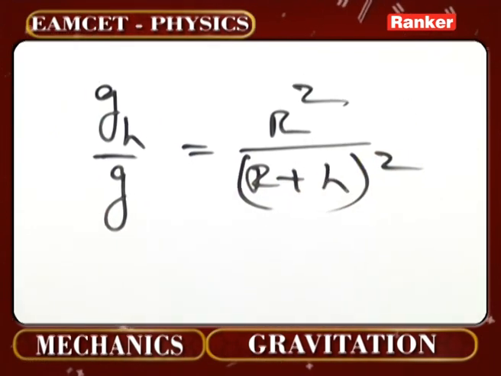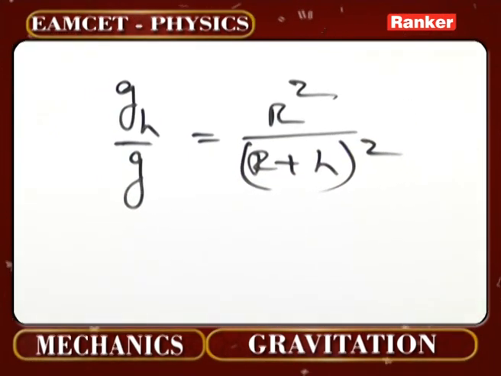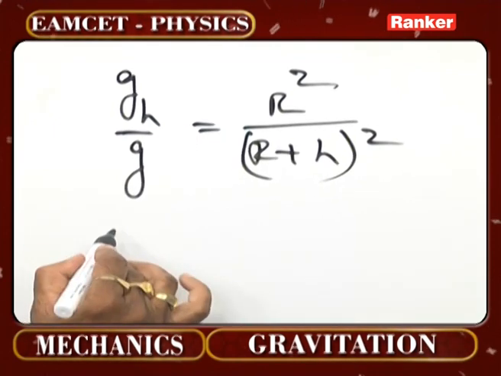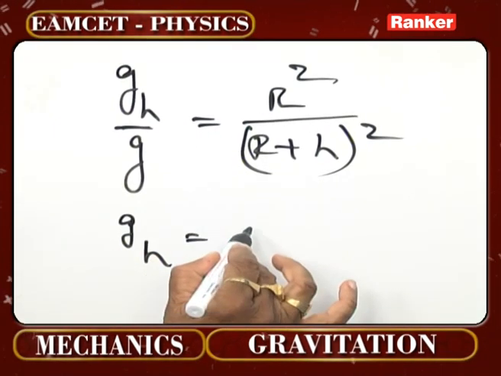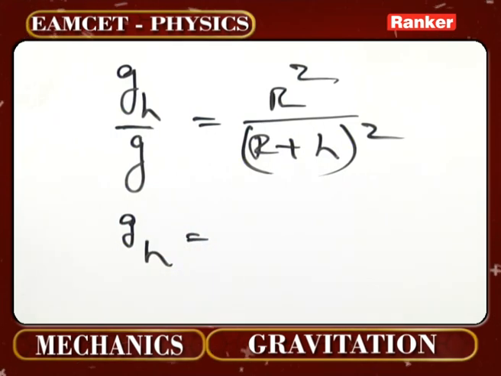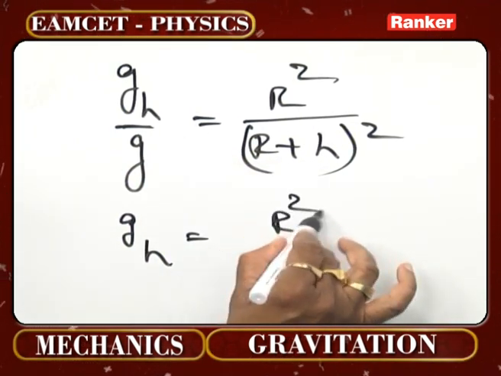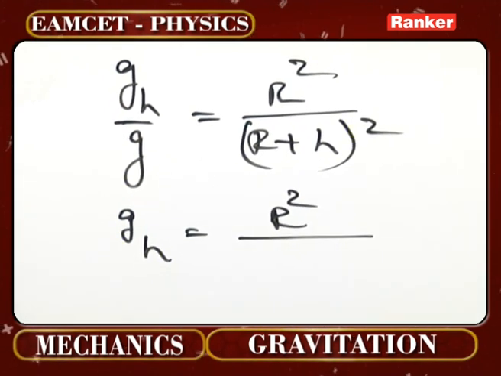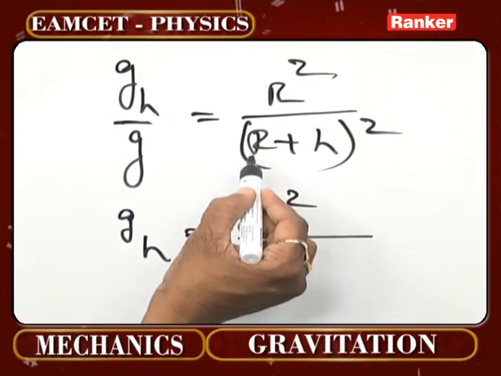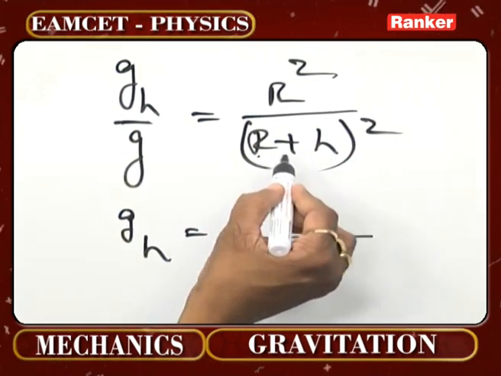This is the formula that has been derived by all of you. So what is gh, the question now? It is r square by r plus h whole square. But of course you know very well r is 6400 kilometer. h also is given in the problem as 6400 kilometer. Therefore this can be written as r plus r whole square.